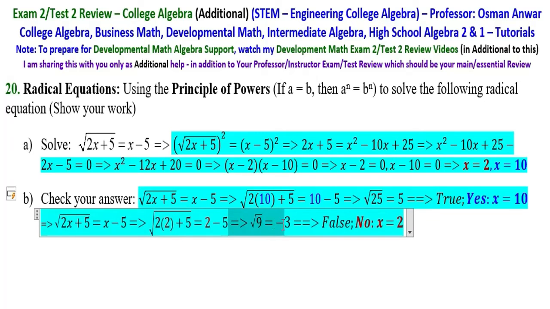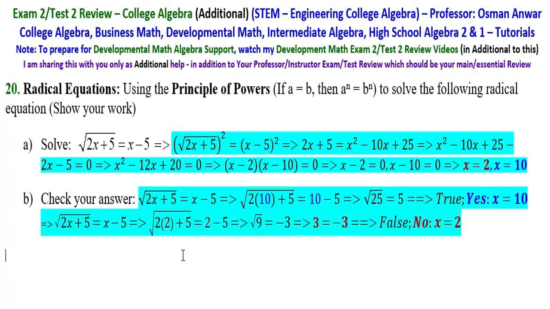And that is not true because 3 equals minus 3 is not true. 3 equals minus 3 is false. That means no, x equals 2 is not a solution.